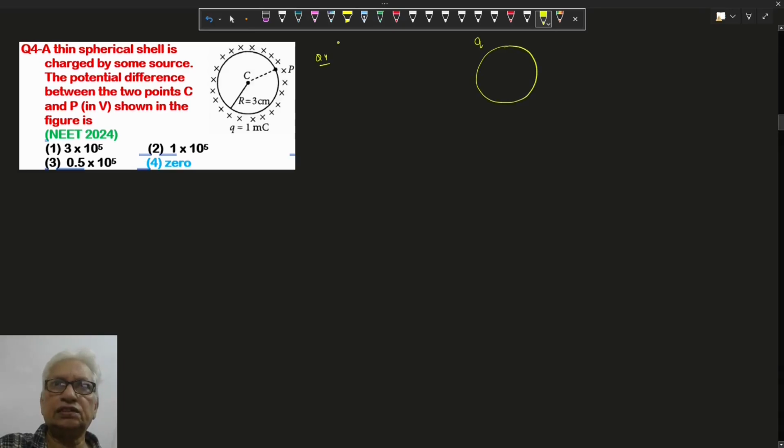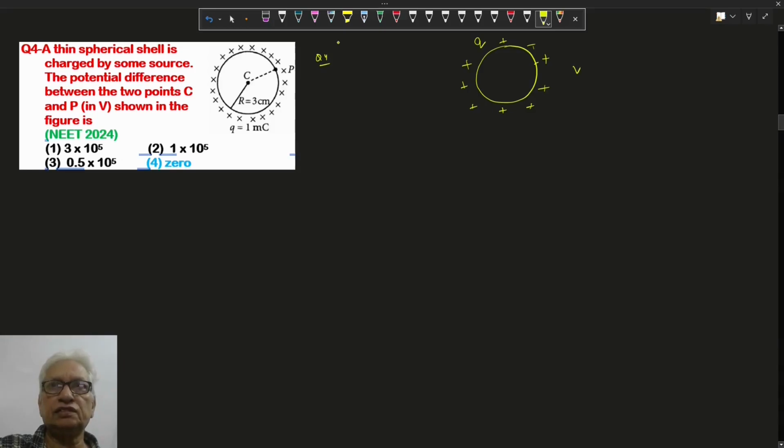All the charge resides on the outer surface only. No charge is inside. So electrical field inside is 0, but voltage inside is same as on the surface.